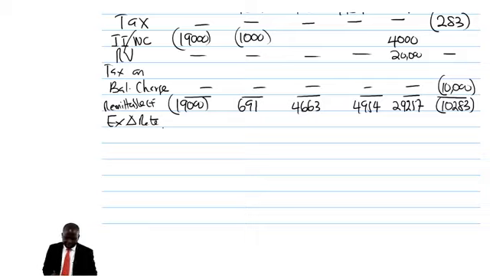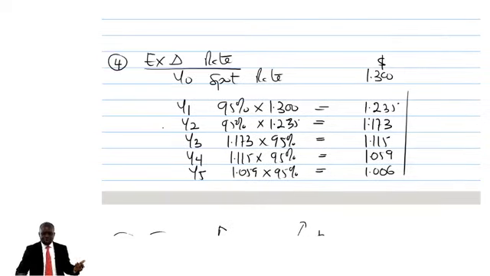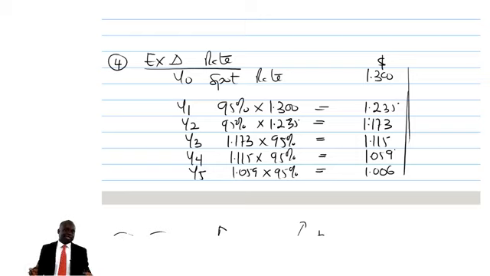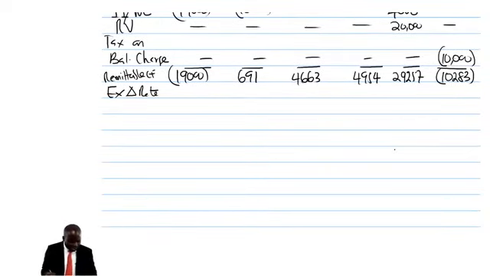So now let's go straight here and have a look. We have to determine the exchange rate, but so far as this question is concerned, we have already determined it. Go and copy. If you haven't calculated the exchange rate, this is the time the calculation will call you to go and do it. But because we've done it, let's copy straight forward. The exchange rate in year 0 is the spot rate of 1.3.